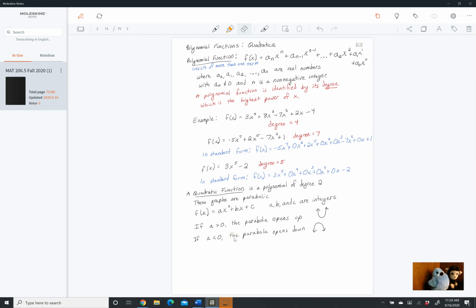Okay, so now let's talk about solving a quadratic. Well, even before that, let's talk about what we mean by solving. Let's talk about what we mean when we talk about solutions to a quadratic.